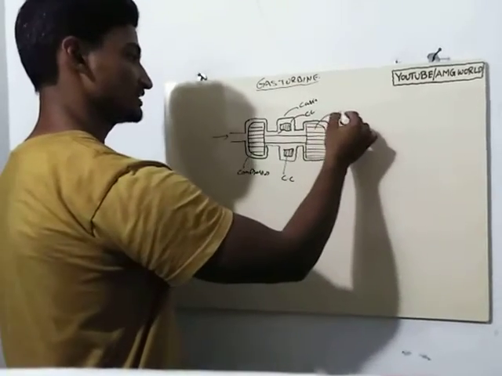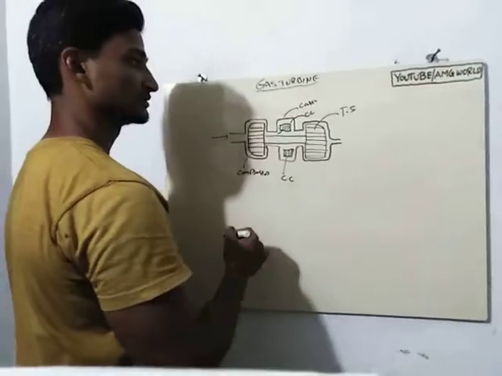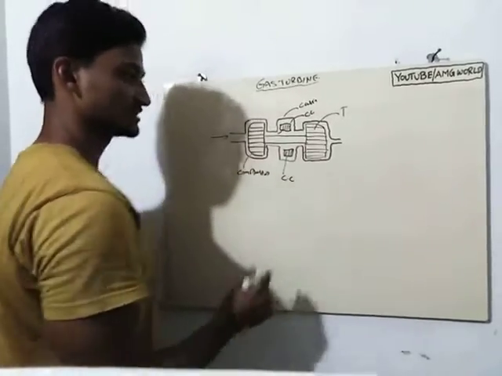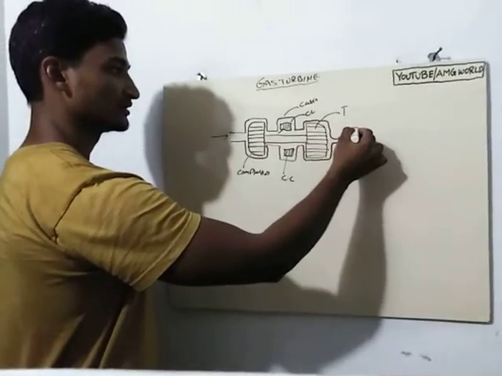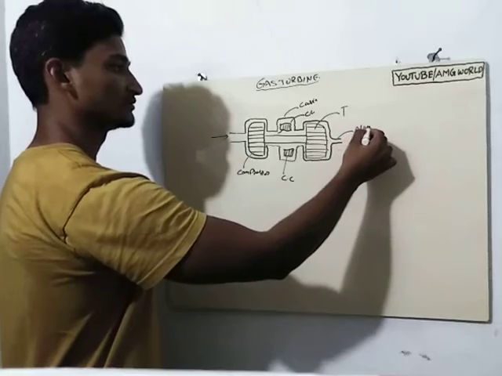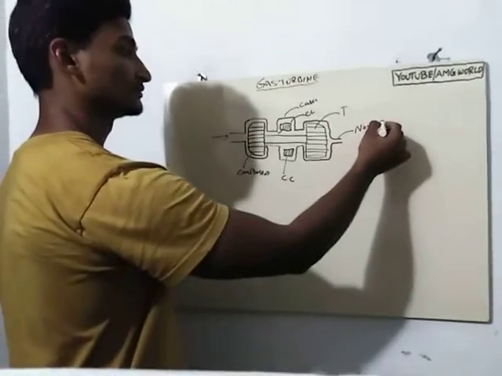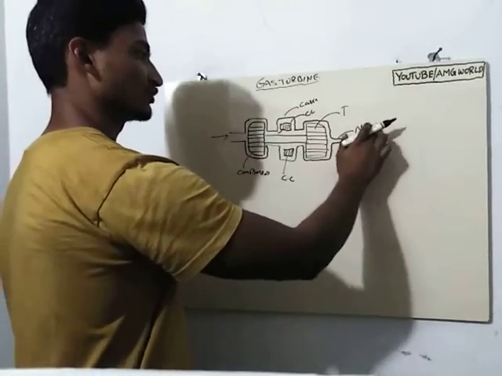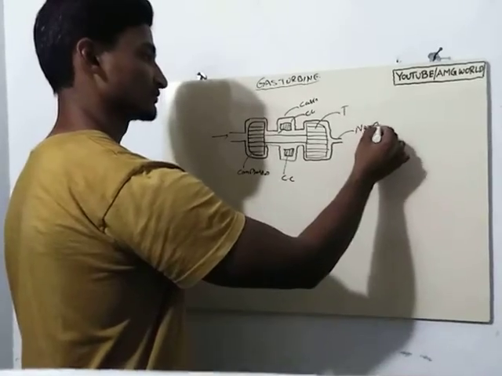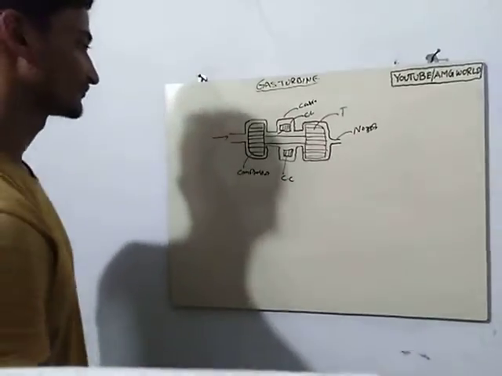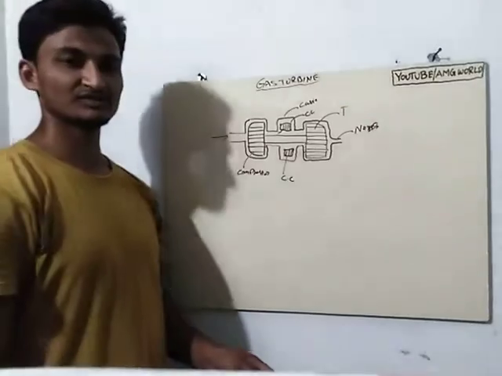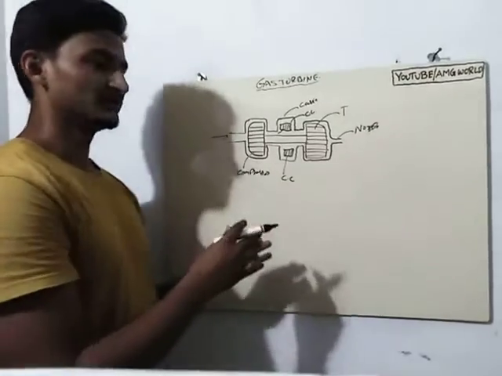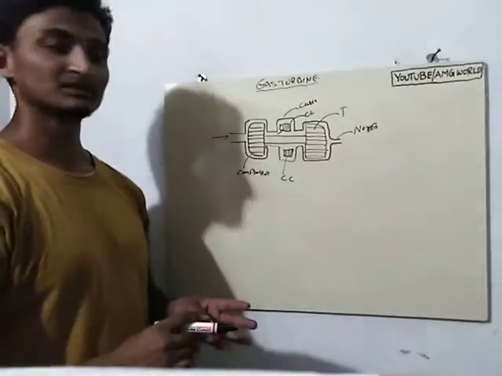This is the turbine section. This is the turbine, and here we have a nozzle. So these are the basic parts which are included in any kind of gas turbine.